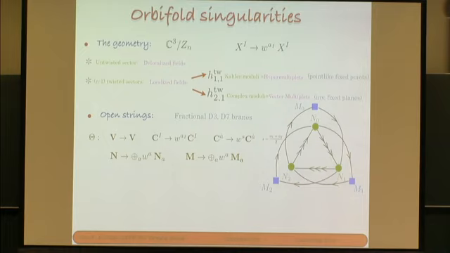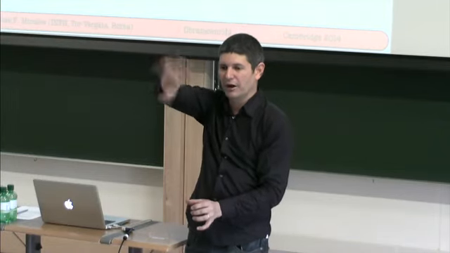Why can't I move out just one, for example, if they are unequal? Because of the moduli space. C3 divided by Z3 means that everything should be symmetric with respect to Z3. Therefore, if you have 3 branes, they should move in a symmetric form with respect to rotations.